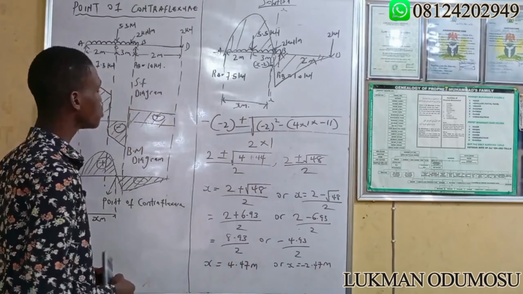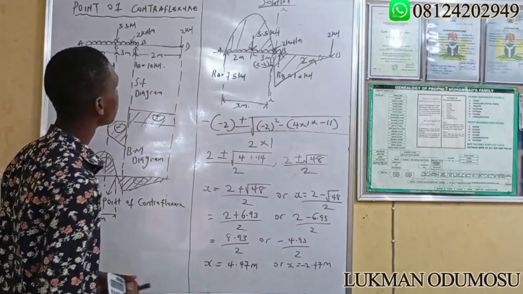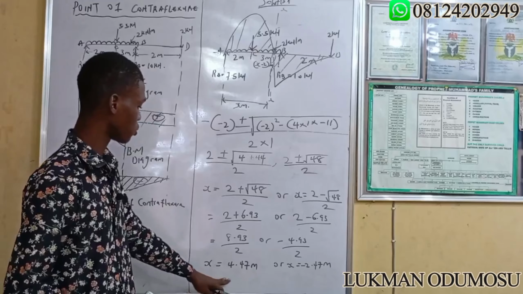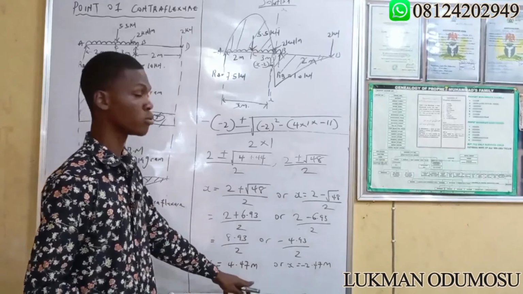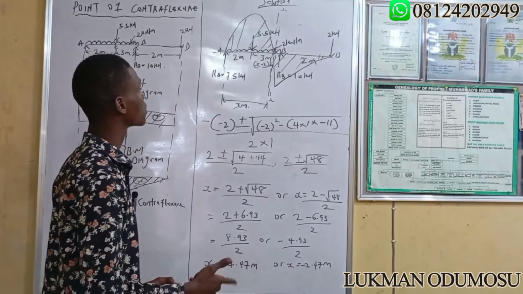We've been able to calculate the value of x, but we got the value of x in two forms, meaning x is equal to 4.47 meter and x is equal to minus 2.47 meter.